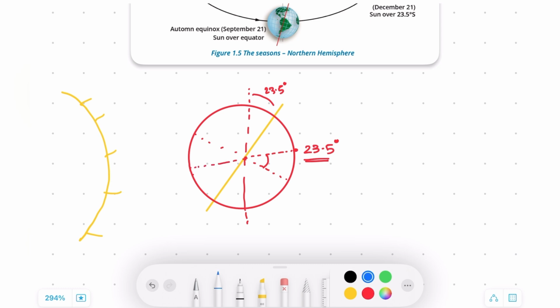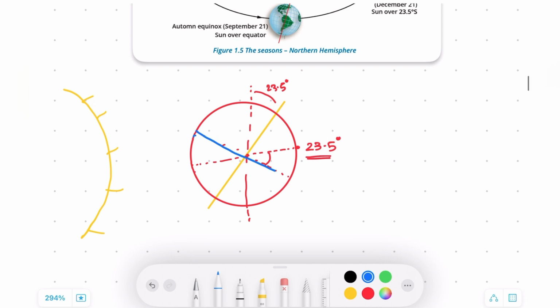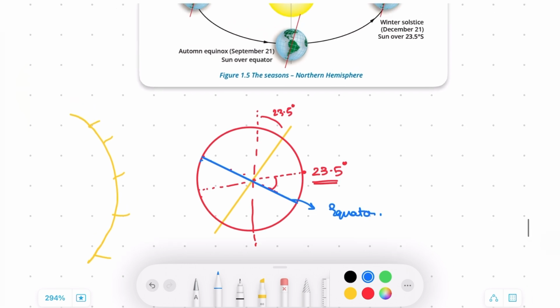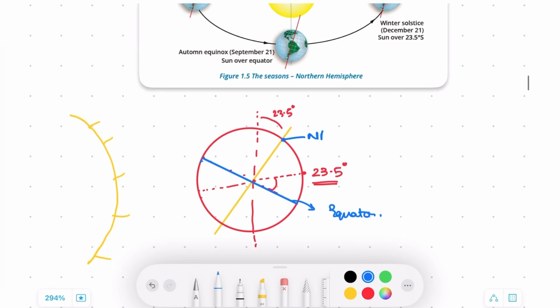Please mind that the earth's equator is here. This is the earth's equator, this is the North Pole and this is the South Pole, right? So some point here would be receiving the maximum sunlight, and this would also be at an angle of 23.5 degrees.